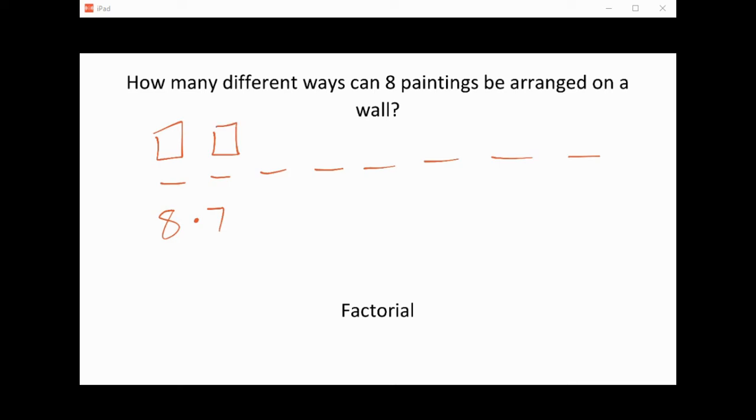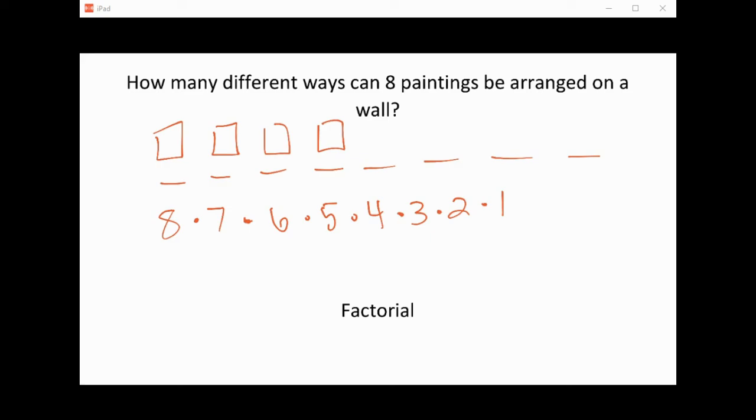We'll talk more about this tomorrow, but basically, as you go down, each time you hang up a painting, you have one less option for your next spot. So if you're looking for all the different combinations of ways that you can hang up all these paintings, you would end up with 8 times 7 times 6 all the way down.